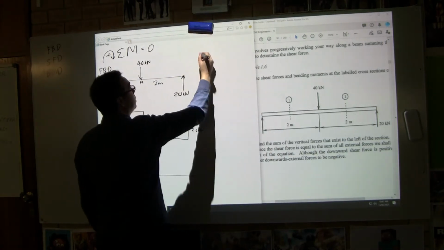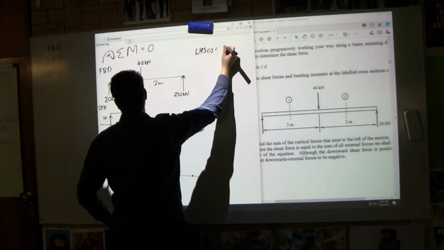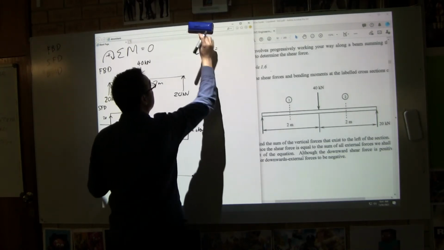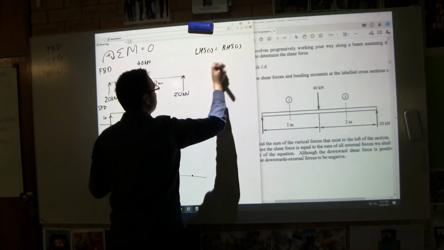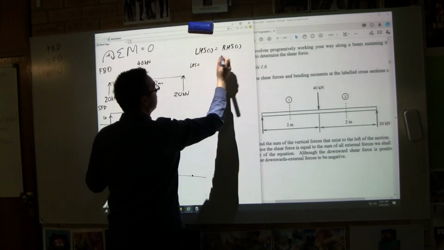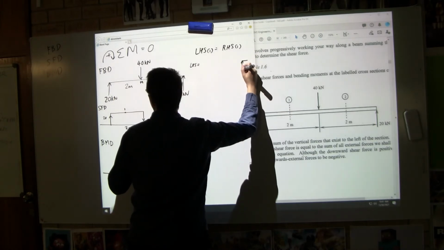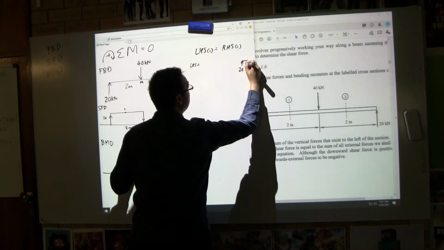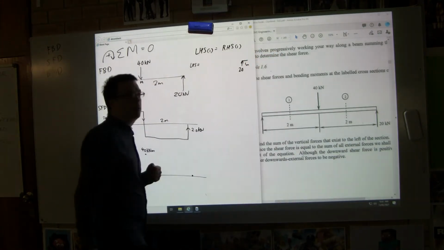If we're taking the left-hand side at point 1, what do we got here? I'm going to draw a little diagram. Here, it's 20 times 1 meter, that's all we've got.